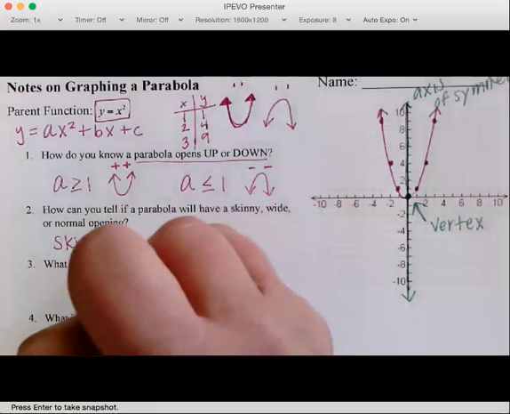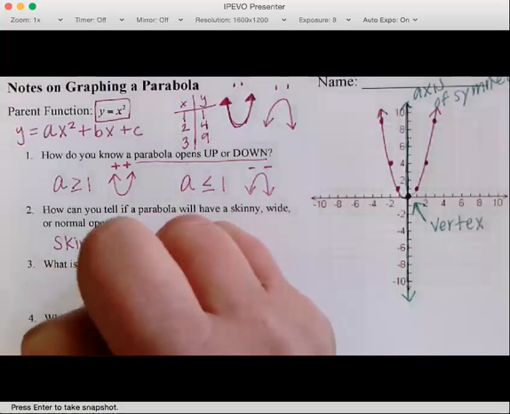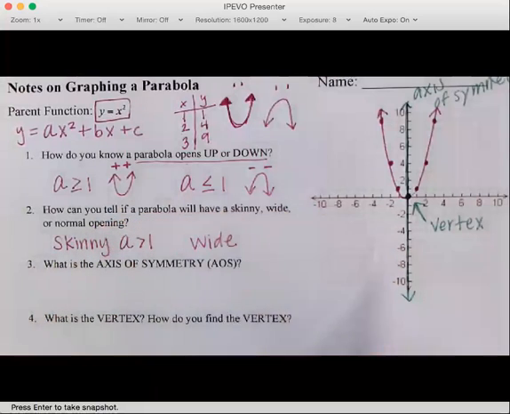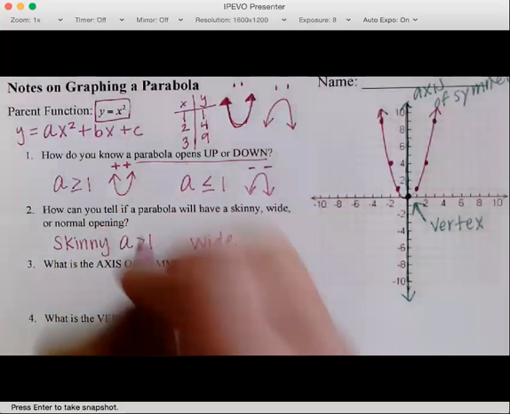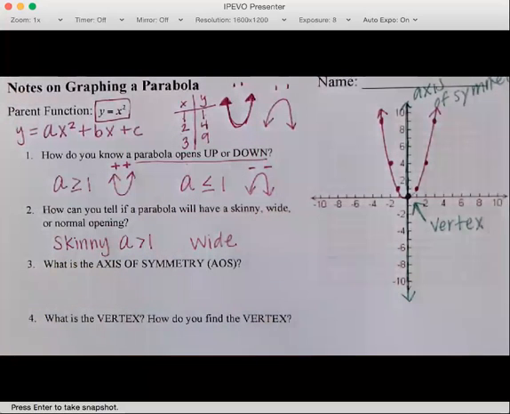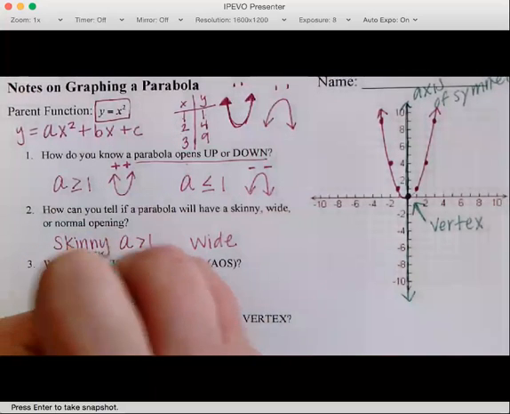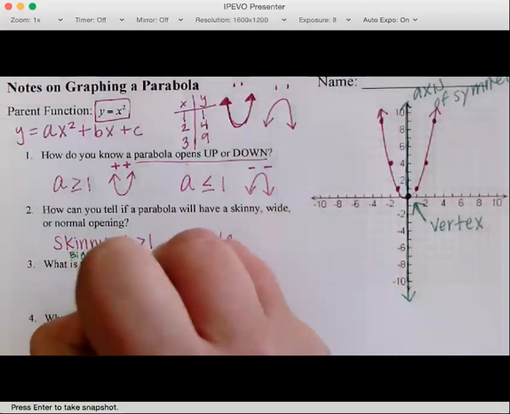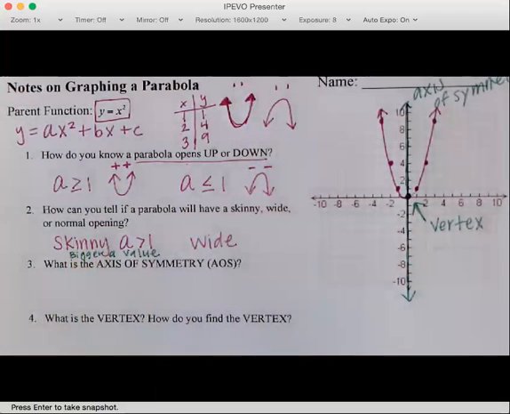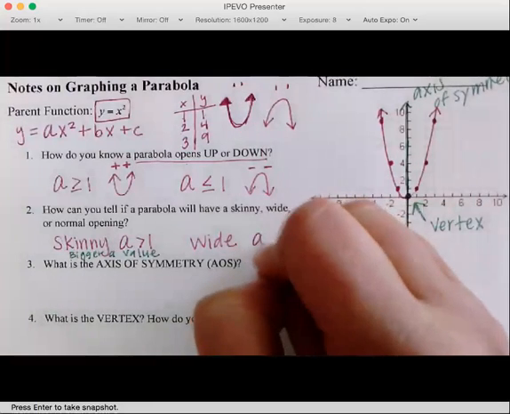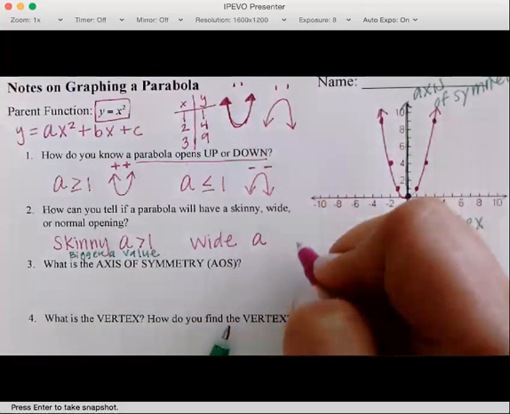So when A is greater than 1, that means it's going to be a skinny graph. So the bigger A value is going to be skinny. The wider one is when you're going to have fractions. Now I don't want to say less than 1 because we can't have negatives. Well, I guess we could.